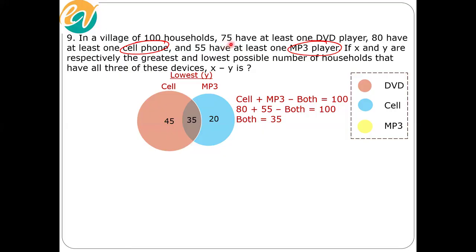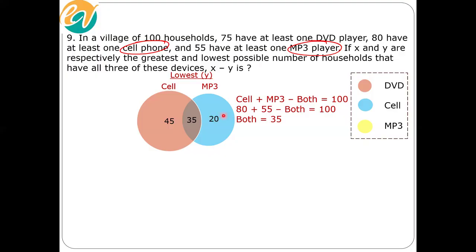Now, out of 75, if I'm able to accommodate 45 households in cell, how many households am I left with? 30. Out of those 30 households, where would I add the first household? Here, right?